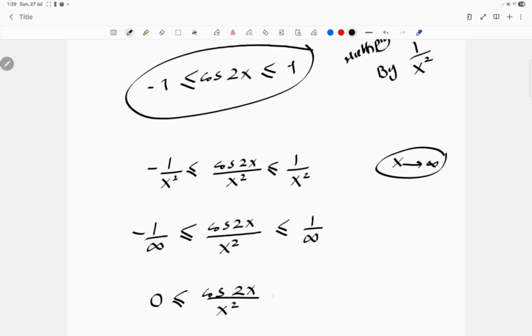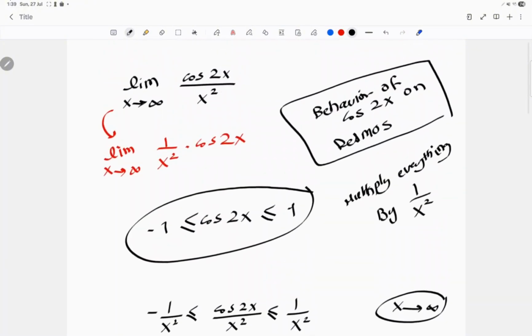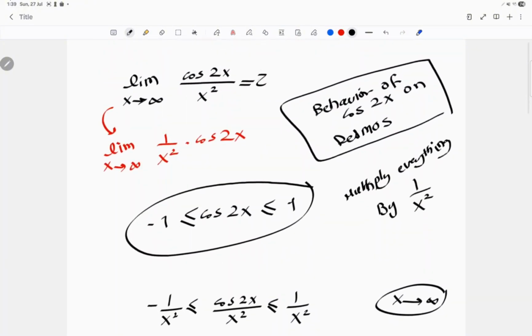How about the other one? 0 as well. So our answer is going to be 0. This was an example of using the squeeze theorem. Second example so far in the book. Any questions about it?